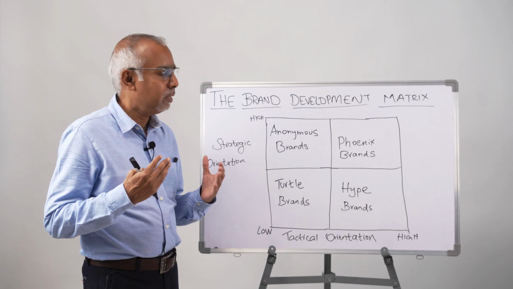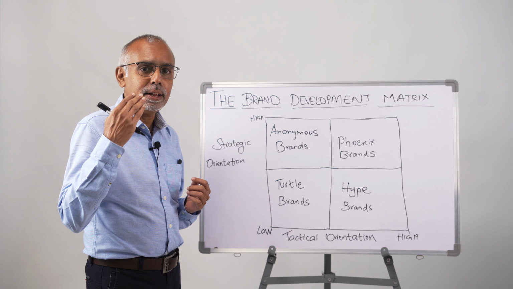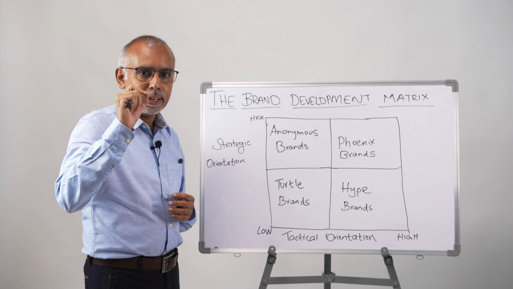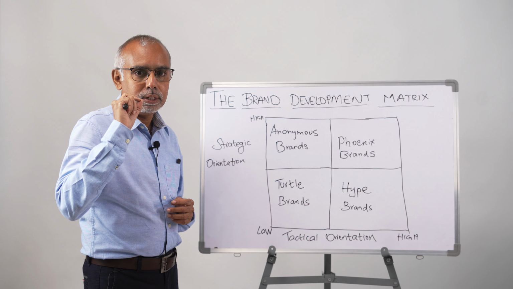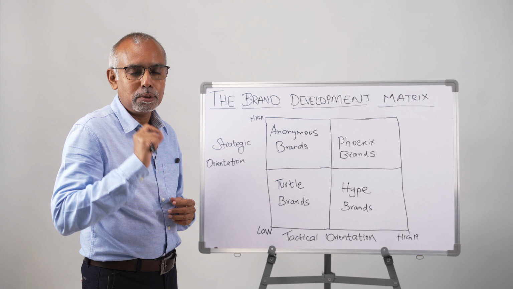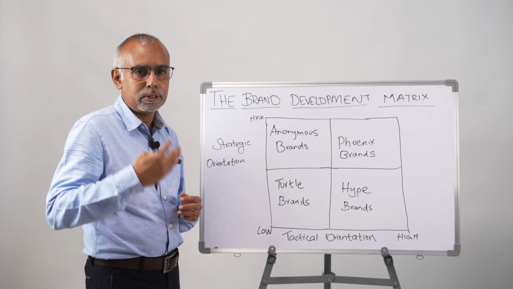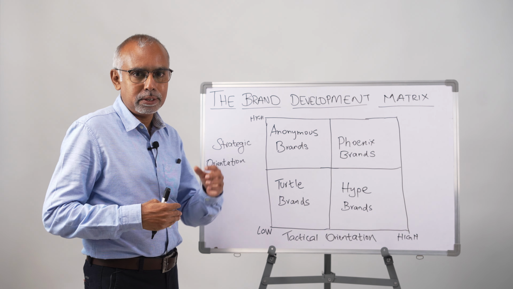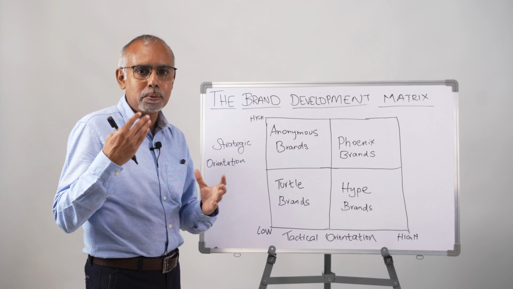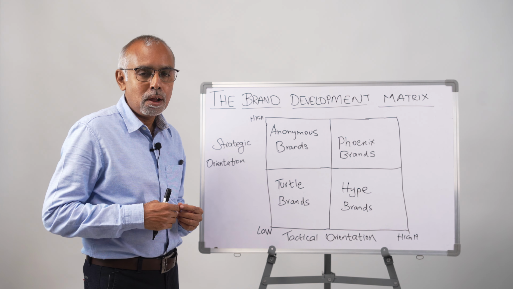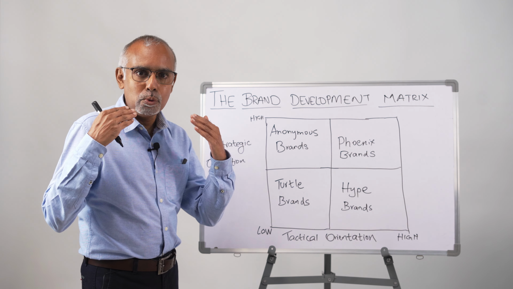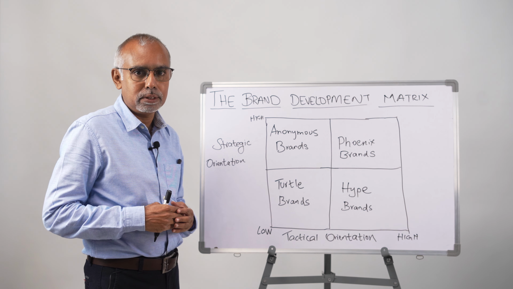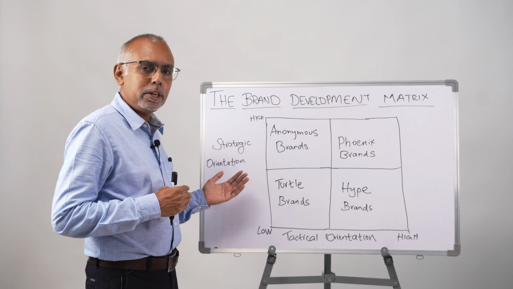A key aspect of brand building is if your positioning is linked with your core competency, you tend to deliver the promise to your customers. For example, you say, we are very superior at customer experience, and at the back end, if you have proper capabilities to deliver that positioning, you tend to do well in terms of delivering superior customer experience. So that's why I call this a strategic orientation.